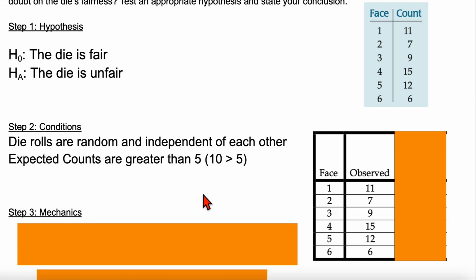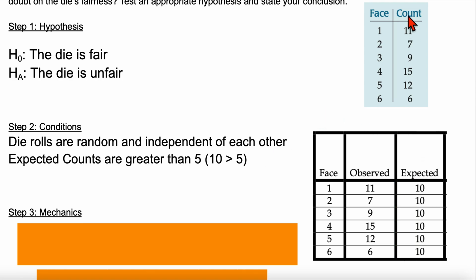So die rolls are random and independent of each other, check. And our expected counts are all greater than or equal to 5. And clearly 10 is greater than or equal to 5. What I did over here is I recreated the table up above, and I just put our expected counts next to each observed count. You don't need to recreate the table.